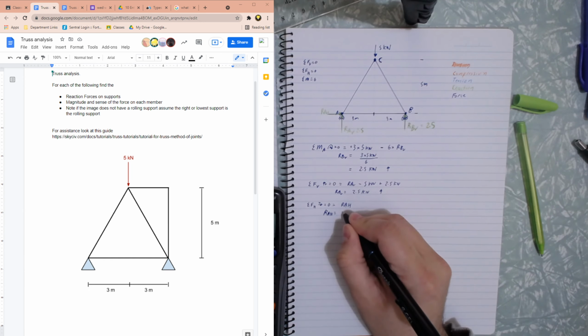Let's just say that this particular member is going to be in compression, so let's get a red arrow going down. And let's say this particular one over here is going to be in tension, so we'll get a green arrow going to the left. I've just defined the forces going in that direction.